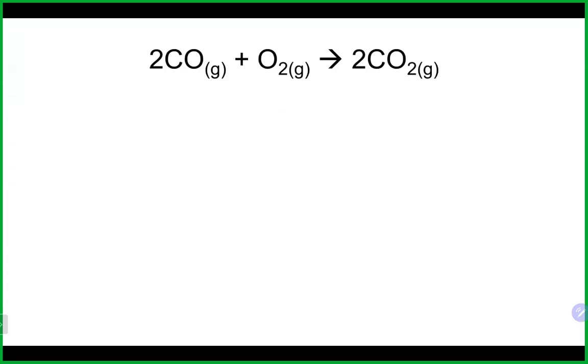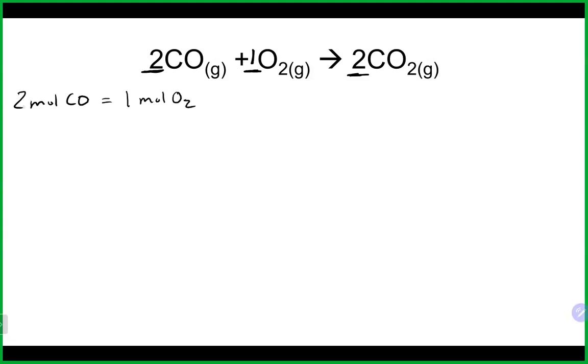So let's take a look at an equation such as this one here. From this one single equation, we could come up with a bunch of stoichiometry relationships, or stoichiometric relationships. And let's talk about all the different ones we could get. They are all based on the coefficients. And obviously here nothing is written, so that is a 1. So we could say in this particular reaction, for every 2 moles of CO that I put in there, I will also need to put in 1 mole of O2.